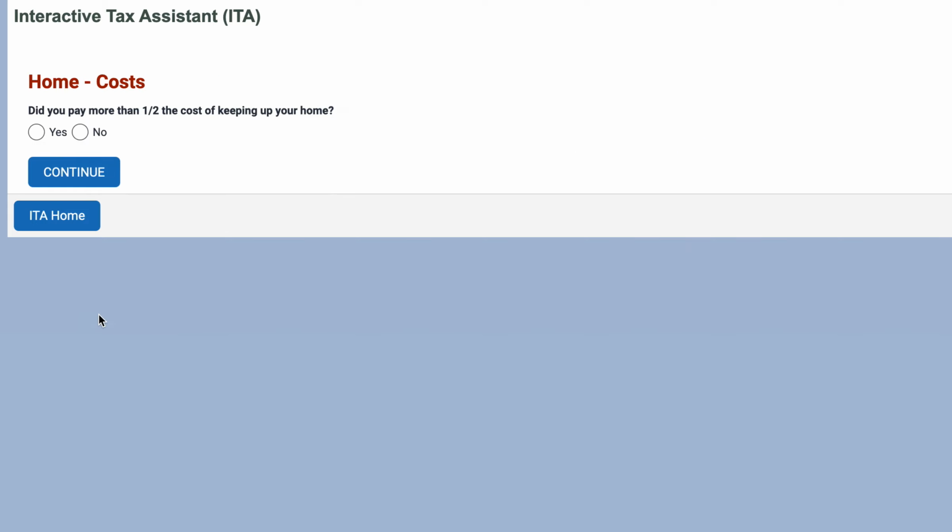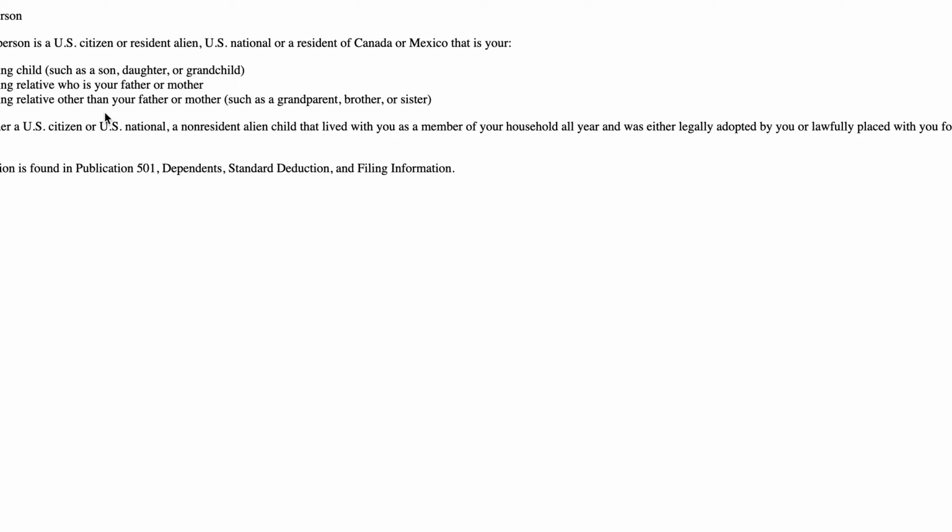In this case, you would be asked, did you pay more than 1/2 of the cost to keep up your home? Did a qualifying person live with you in the home for more than half the year? What's a qualifying person? It could be a qualifying child, a relative who may be your mother or father, or a different relative such as a brother or a sister or a grandparent.